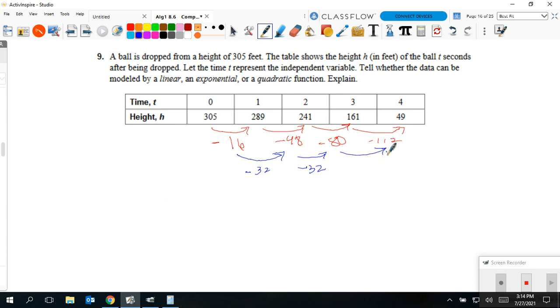And right there, we can definitely see that it's going to be also 32 in a negative direction. So definitely a quadratic function. So our answer here is that it is a quadratic, and the reason why is because second differences are constant.